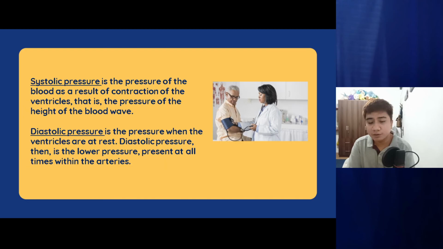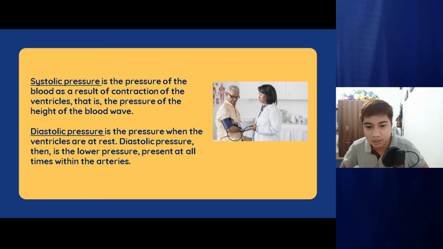First, we have your systolic pressure. When we get a BP, we have, for example, 100/80. The systolic is the upper number, 100. Systolic is the pressure of the blood as a result of the contraction of the ventricles.